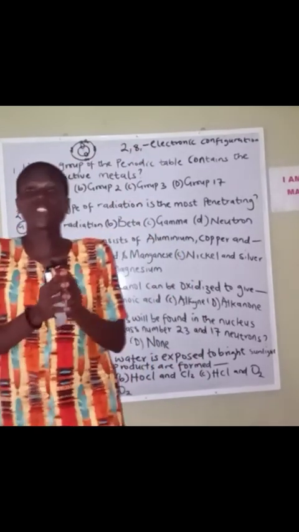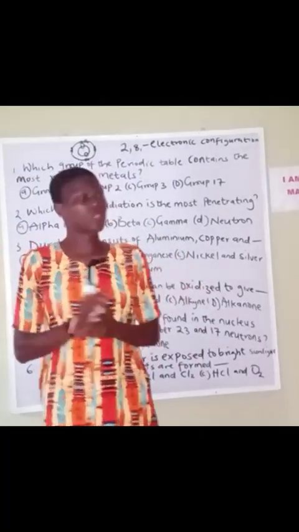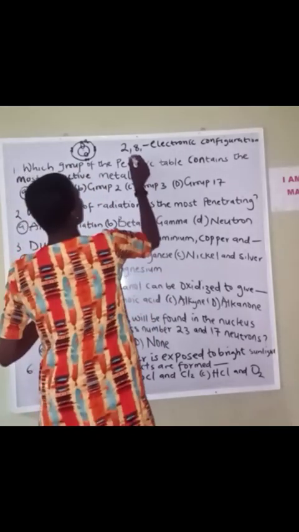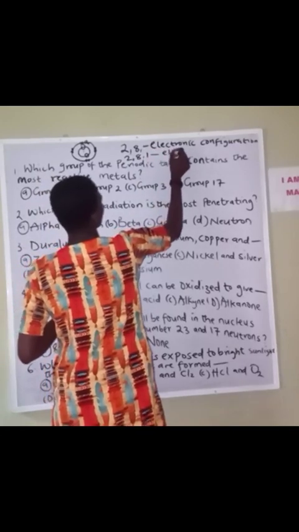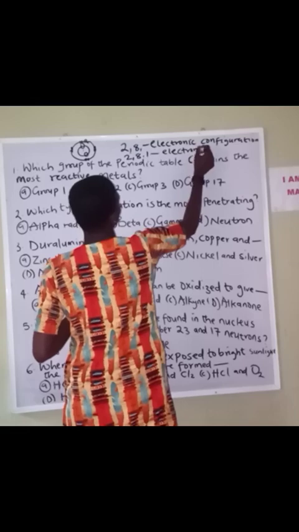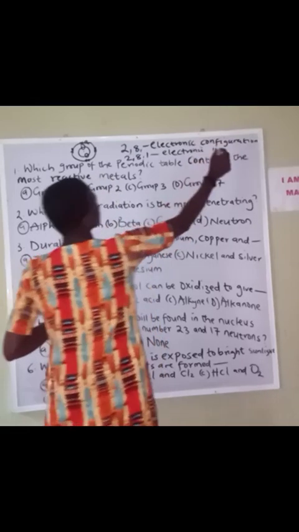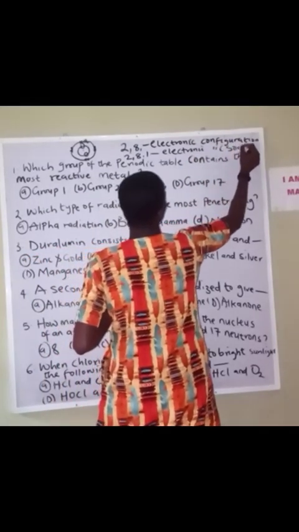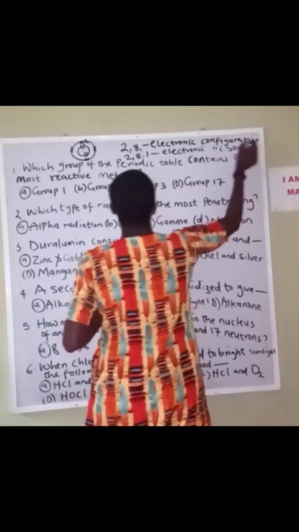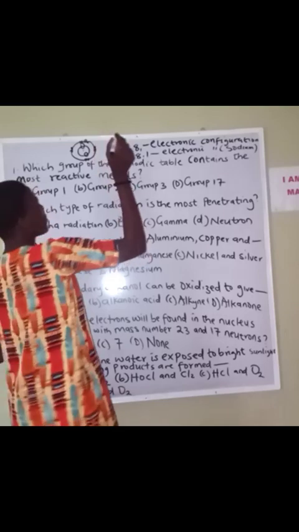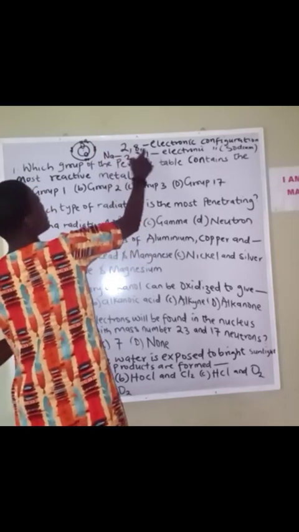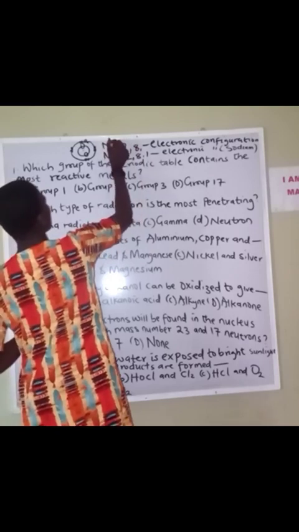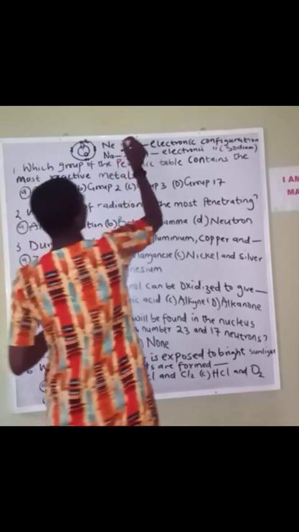Then the next element is sodium, with electronic configuration 2, 8, 1. Sodium has the chemical symbol Na. Neon, Ne, has an electronic configuration of 2, 8.